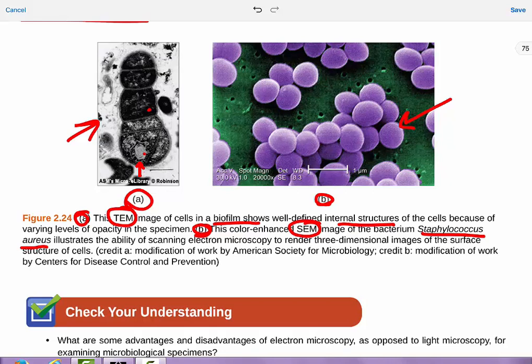We're bombarding it and making it bounce off every teeny tiny little area possible, so it gives us feedback images of every indent and puff and cilia and every little tiny part of the surface of the structure. So this is what these little Staphylococcus cells look like. Remember, cocci is round, so you can see how round these bacteria actually are with the scanning electron microscope image.